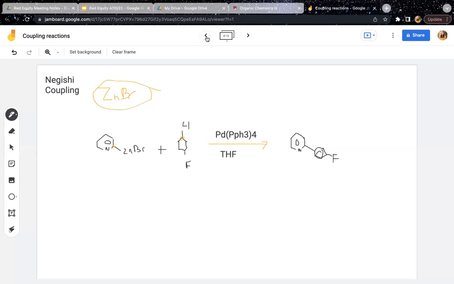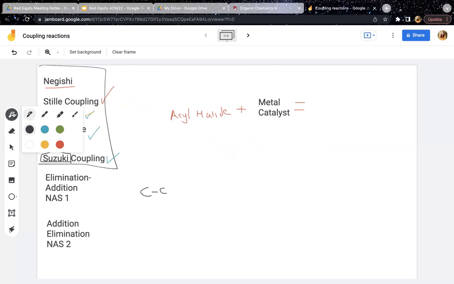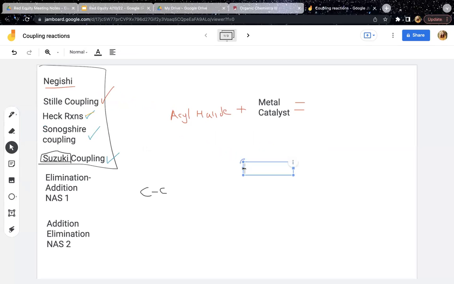So basically just a rundown. I'll come back here so I can type this out. Negishi is going to be zinc bromide. Then we have Stille coupling, which is going to be tin. We have Heck, which does not use, it has olefins instead.